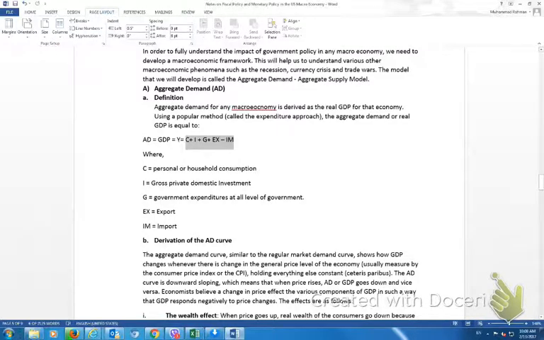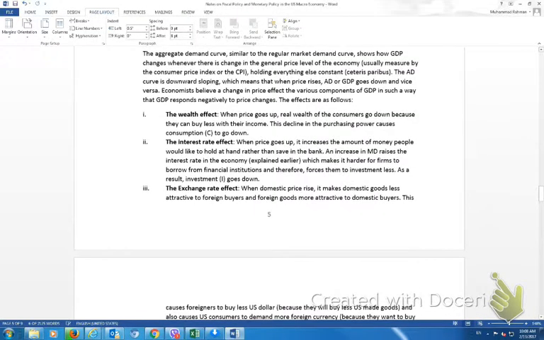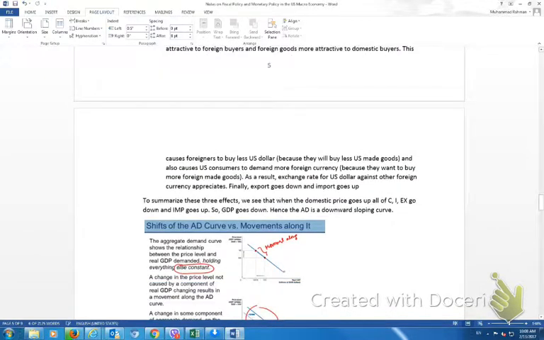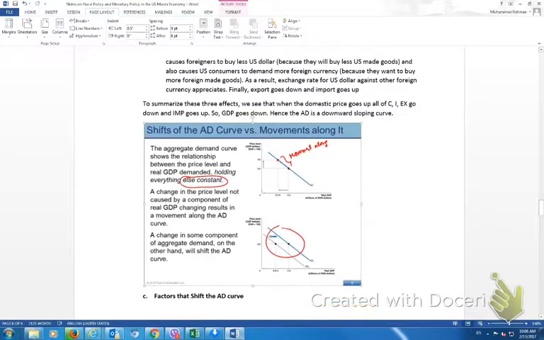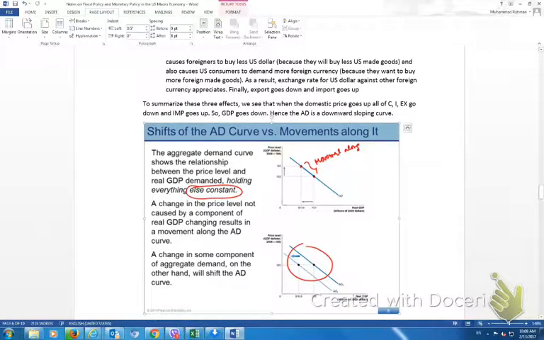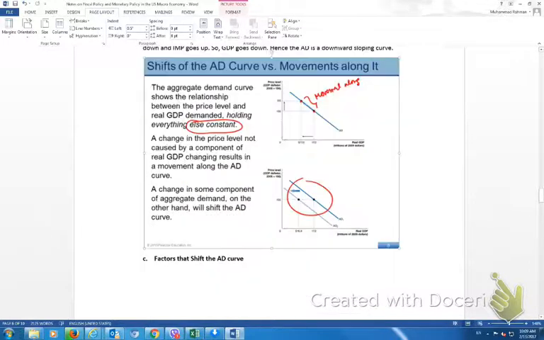That basically is a summary of why the aggregate demand curve is downward sloping in this two-dimensional space, where price and real GDP are on the vertical and horizontal axes.